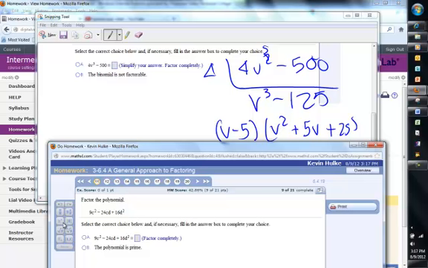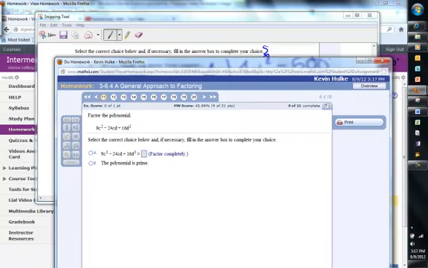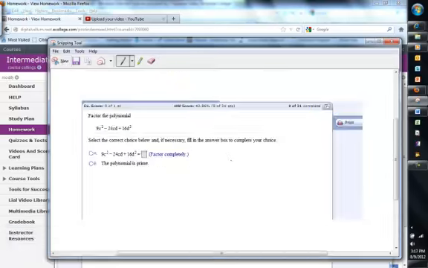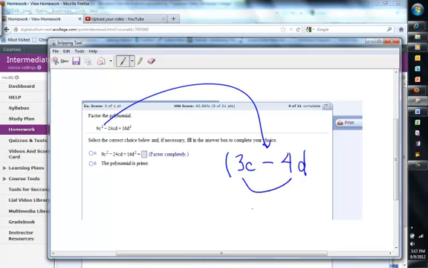Perfect square trinomial. Square root of the first term, 3c. Square root of the last term, 4d. Minus sign in between them, because 3 times 4 is 12, times 2 is negative 24.